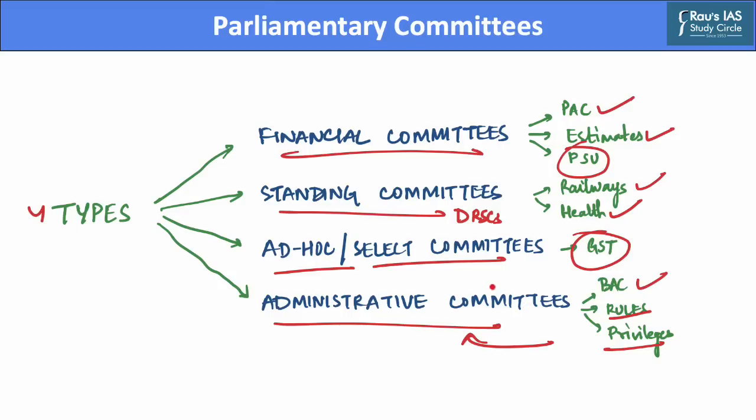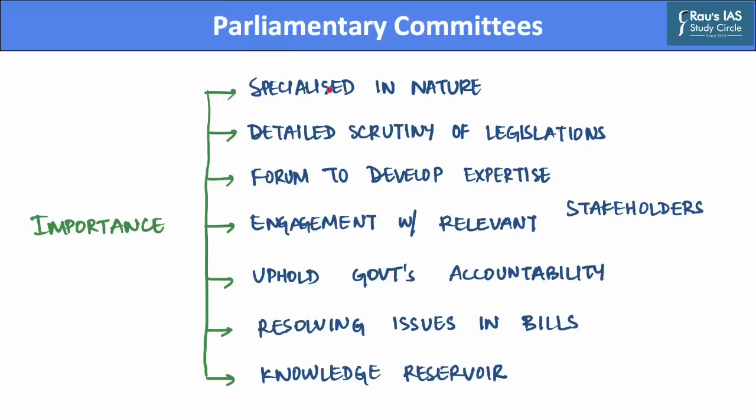Now, after we have discussed the types of committees, let us discuss the importance of having such committees. The first importance is that they are specialized in nature. These committees perform specialized jobs, whereas ad hoc committees are constituted in order to perform a specific task.